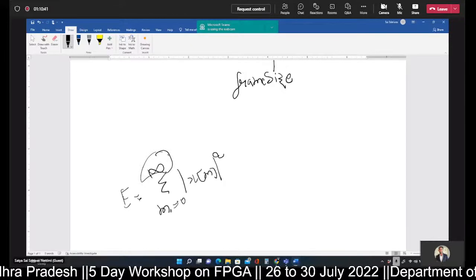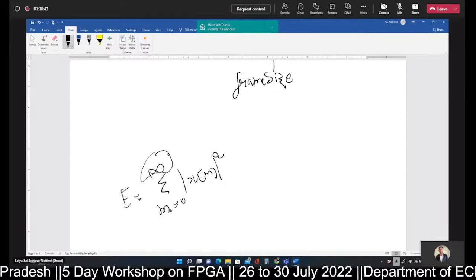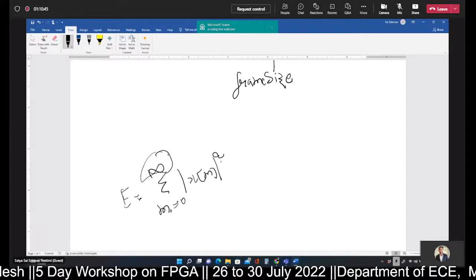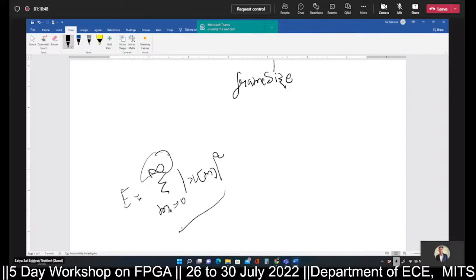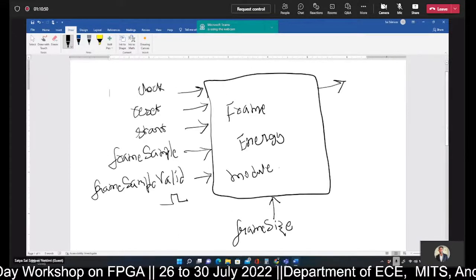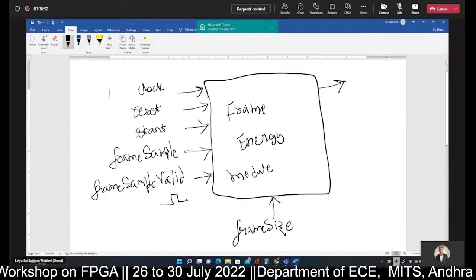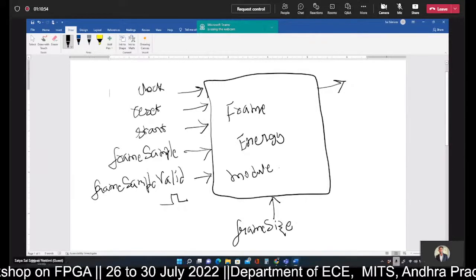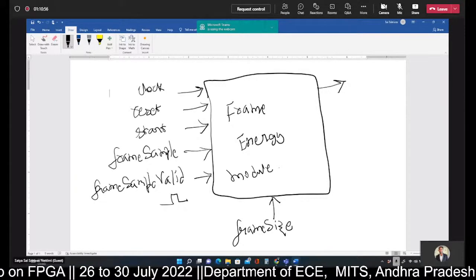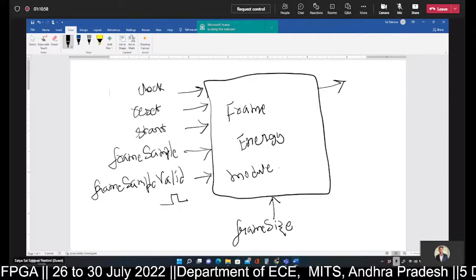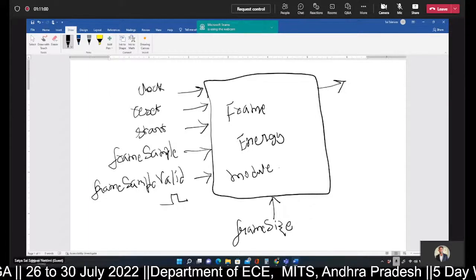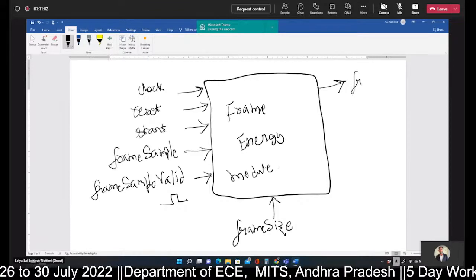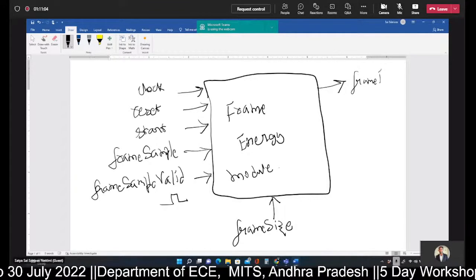So what is this infinity value? It is how many samples it needs to square and sum appropriately to calculate energy. That is called frame energy size, or frame size, that we are going to give as one more input. So with all these inputs, the frame energy module will calculate the frame energy.